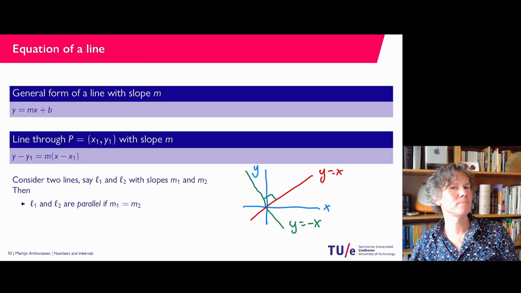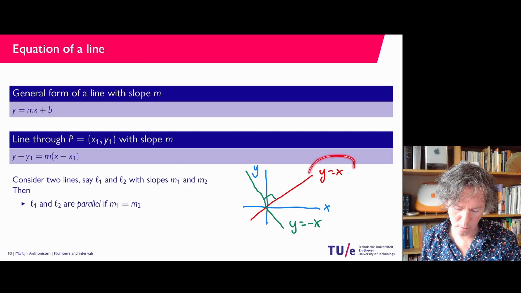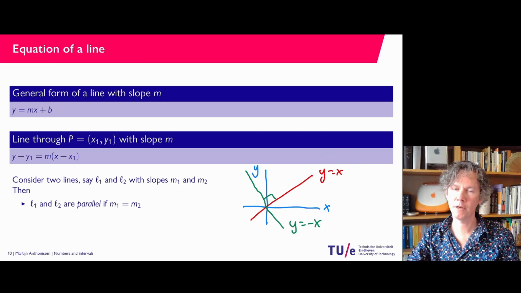And then you might be tempted to think, if you have slope 1 here, slope minus 1 here, that you have m and minus m as a relation between the two slopes.